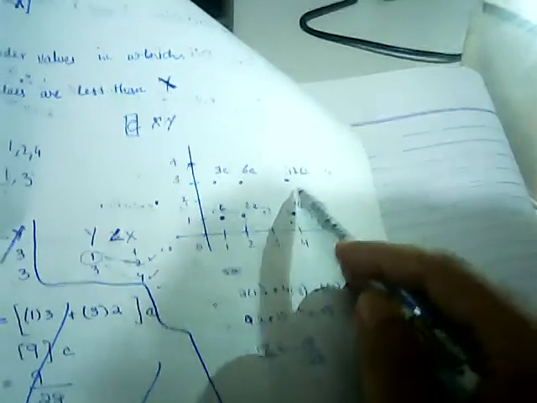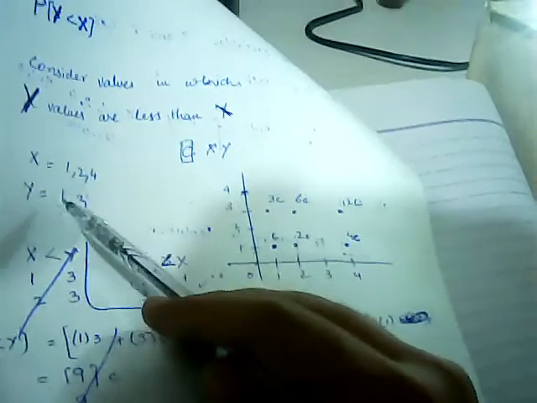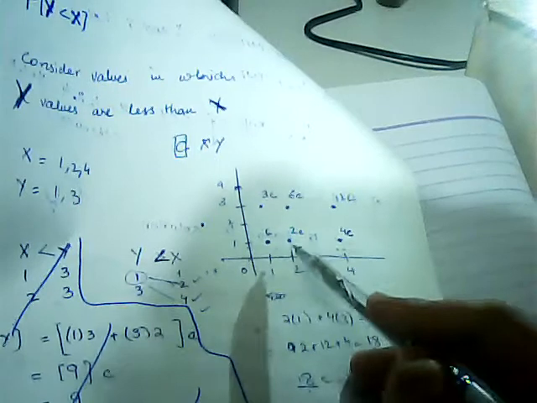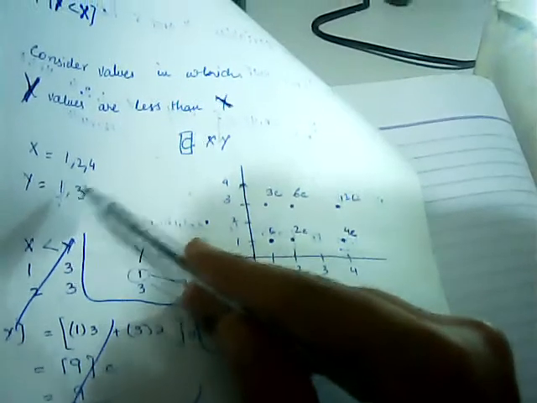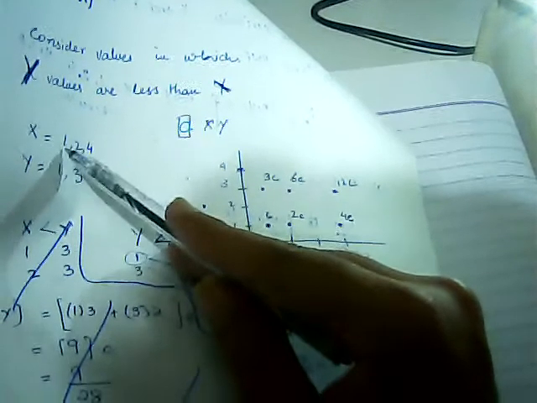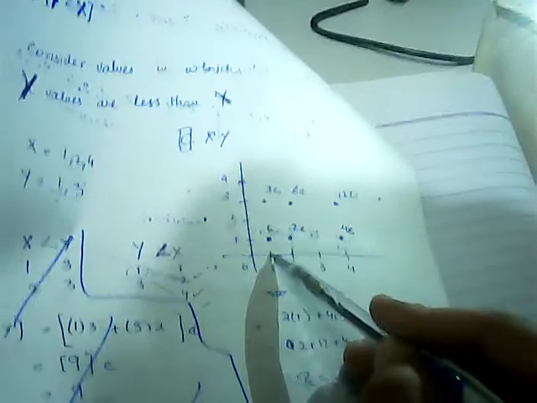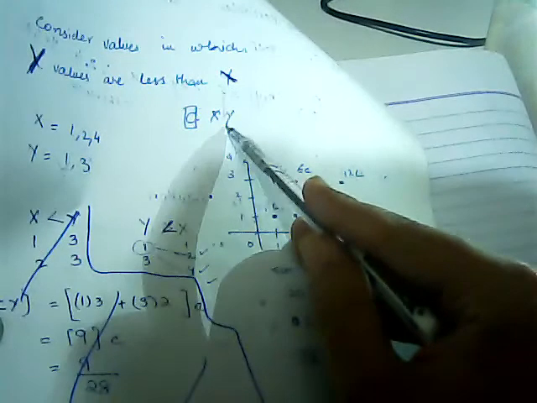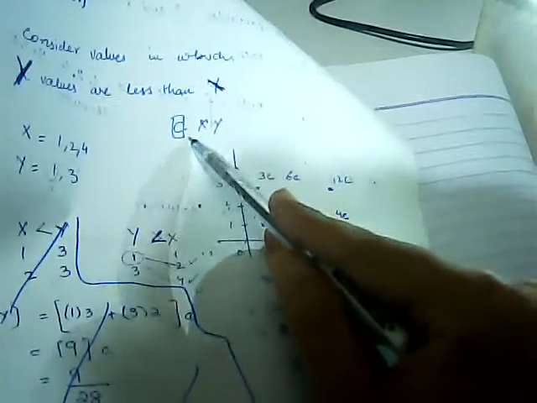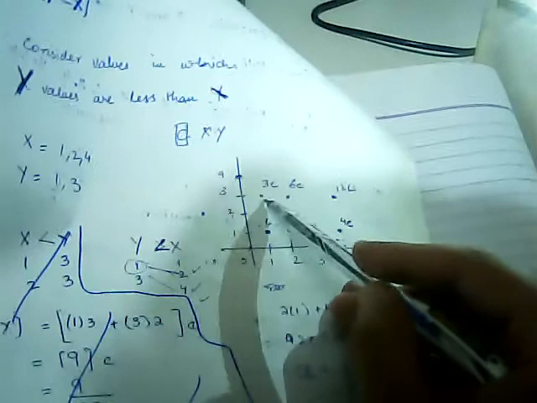So we'll be drawing this map this way. I'll do another point right here, 1 and 3. Where x is 1 and y is 3, we get 3 into c, 3c, and this is our point.